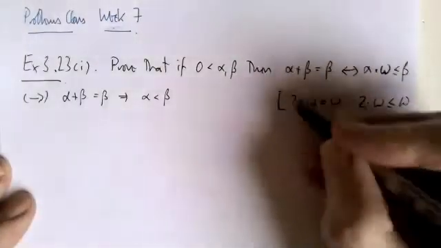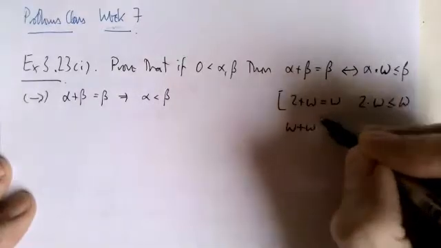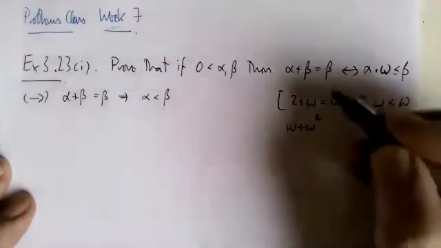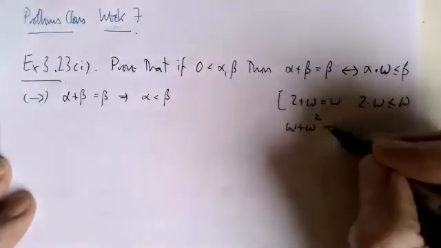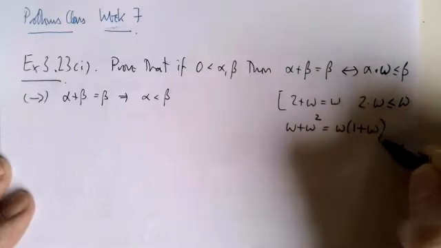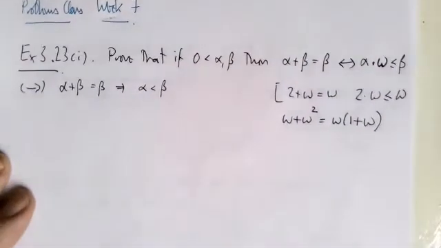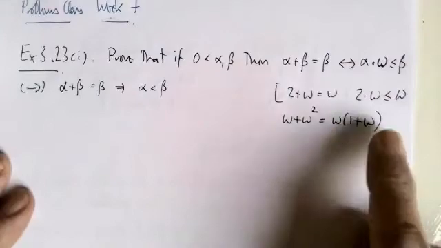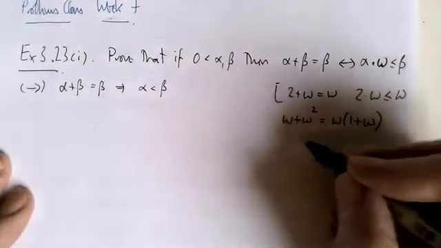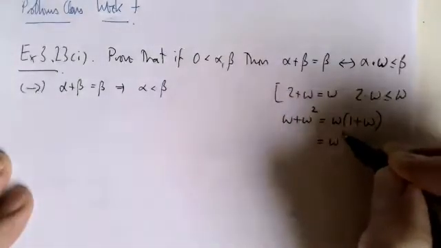Another example is something like omega plus omega squared. This will turn out to be omega squared. By the distributive law for multiplication, I've got omega plus omega squared, 1 plus omega is omega, so this just equals omega squared.